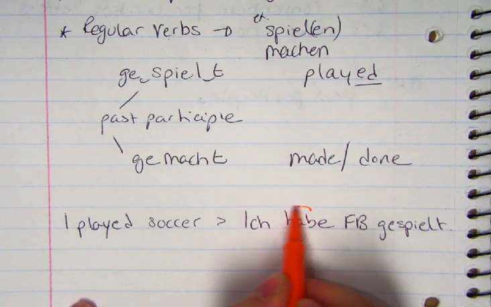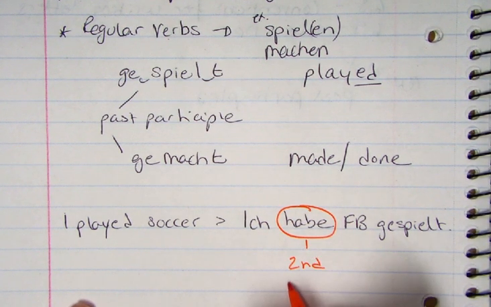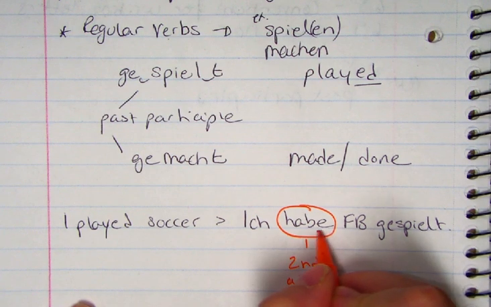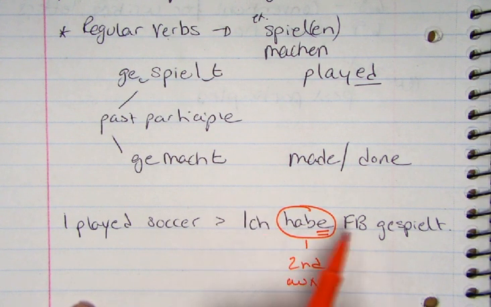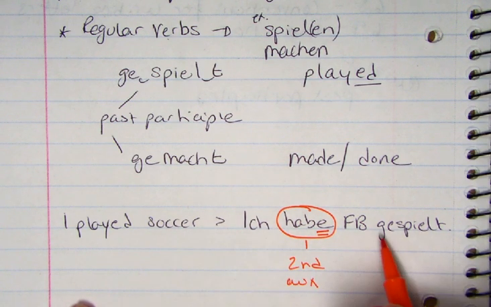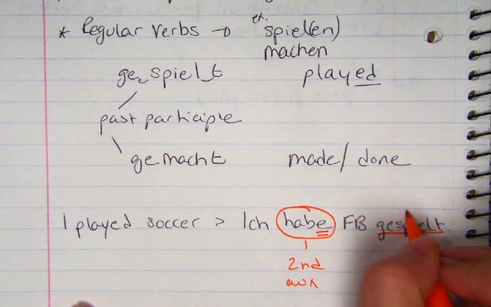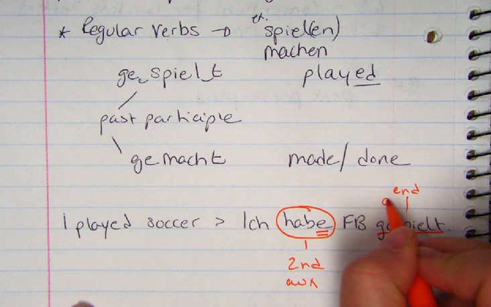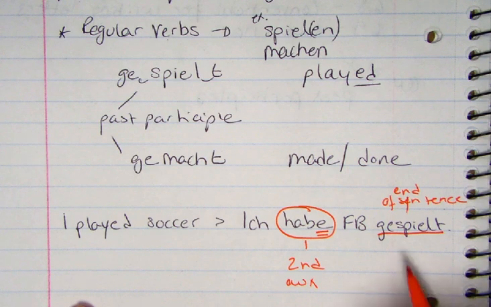So the structure is the second place verb is going to be your auxiliary verb, and that is the verb that gets conjugated. So you're conjugating for ich, that's your E ending, second place. The second part of the past tense in this case is that past participle, and it goes at the very end of the sentence, or clause, of course, if you have a multi-clause sentence. So that is your past participle.